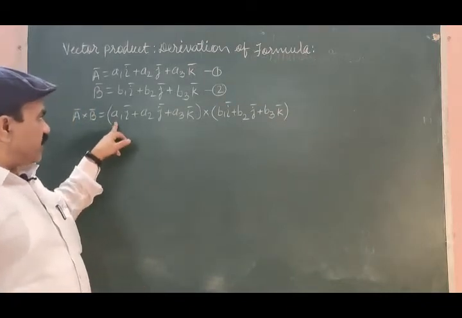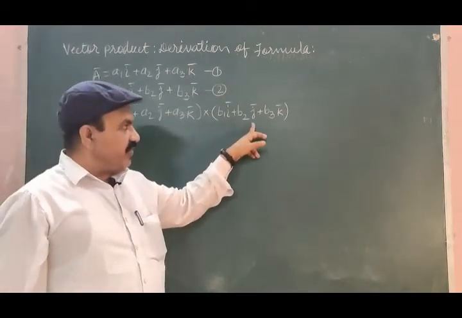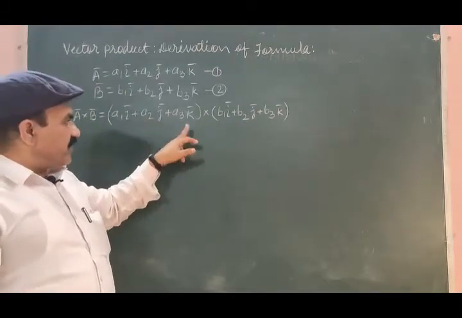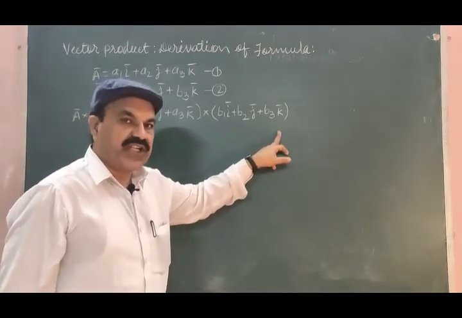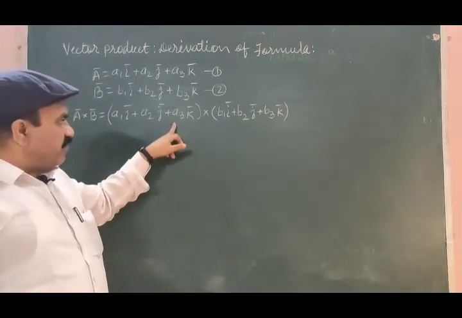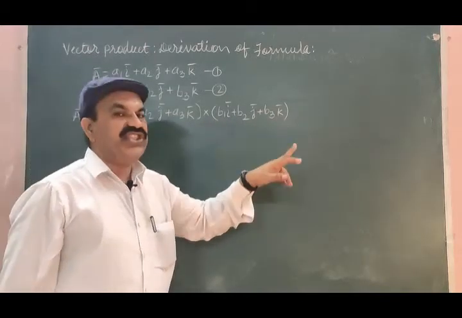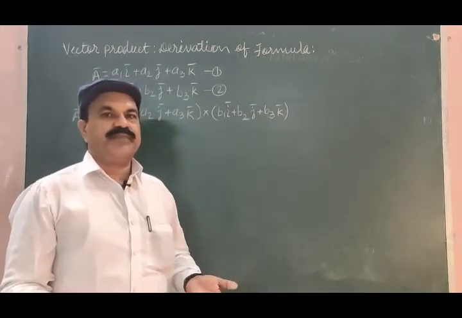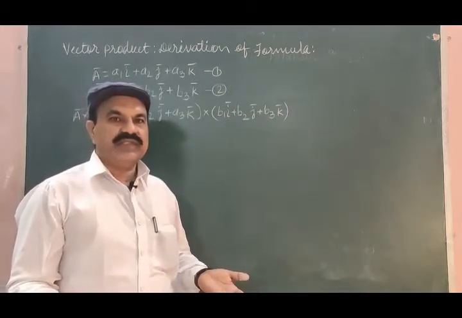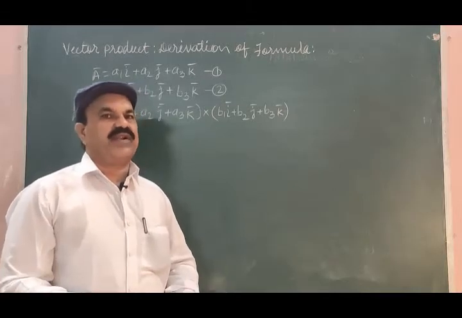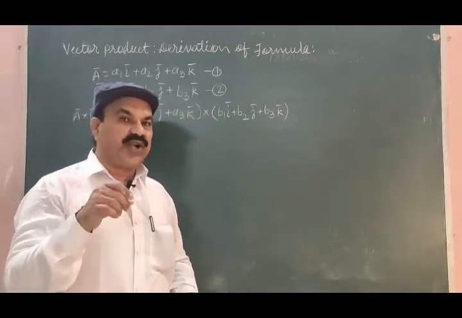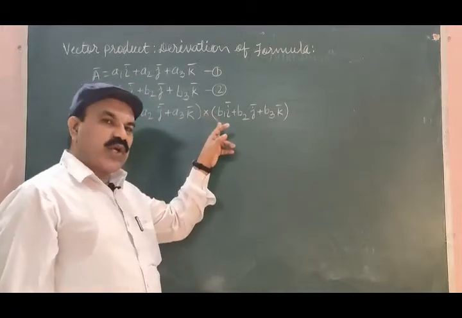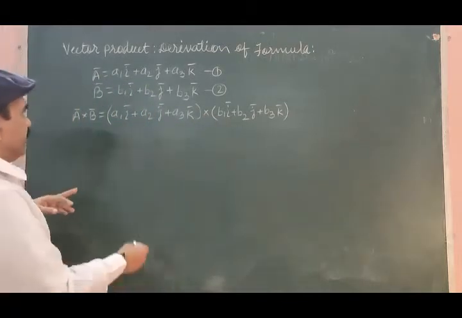Let us have the cross product of this with these three terms, plus the cross product of this with these three terms, plus the cross product of this with these three terms. The procedure is the same that we used in the scalar product. We used dot there. Instead of dot, here we have to use cross. Let us do it here.